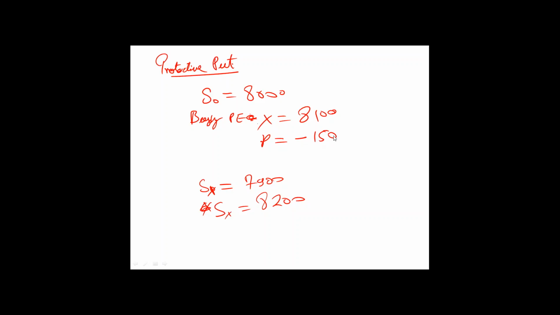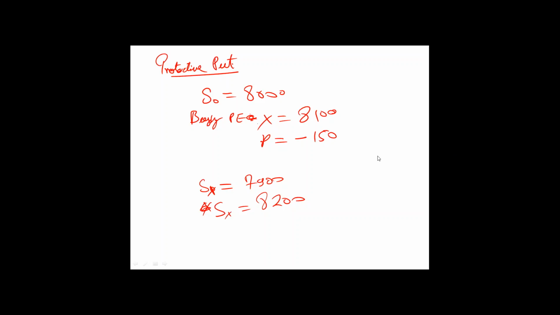So in the first case, your profit would be around 50, and in the second case, when price went up, your loss will be around 150, because you will not execute the put option, you will not sell to the guy who made a contract with you. Instead, you will sell it in the market. So in that situation, your maximum loss is 150 in the second case. Fine.